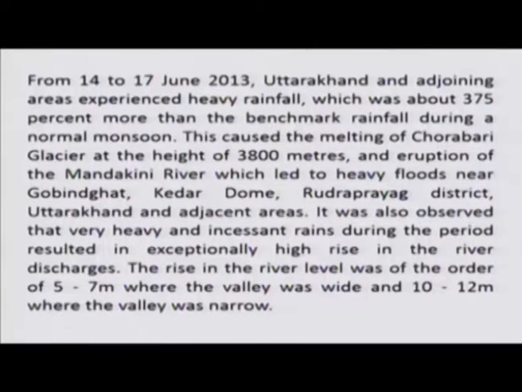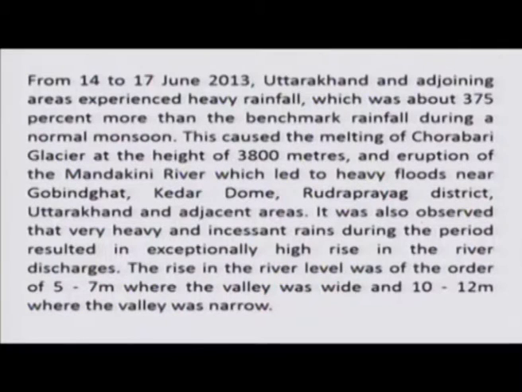This caused the melting of Chorabari glacier at the height of 3,800 meters and eruption of the Mandakini river, which led to heavy floods near Govinda Ghat, Kedar Dome, Rudraprayag district, Uttarakhand and adjacent areas.